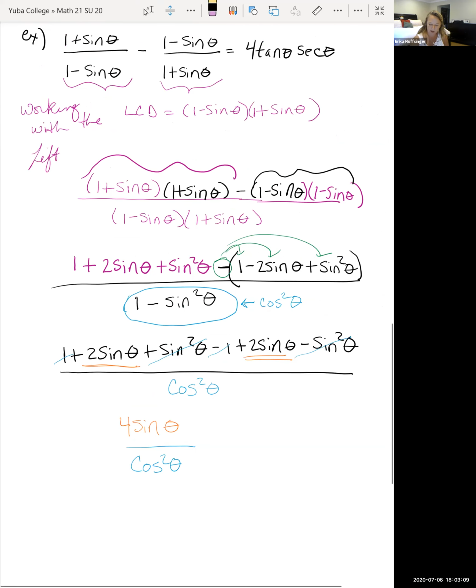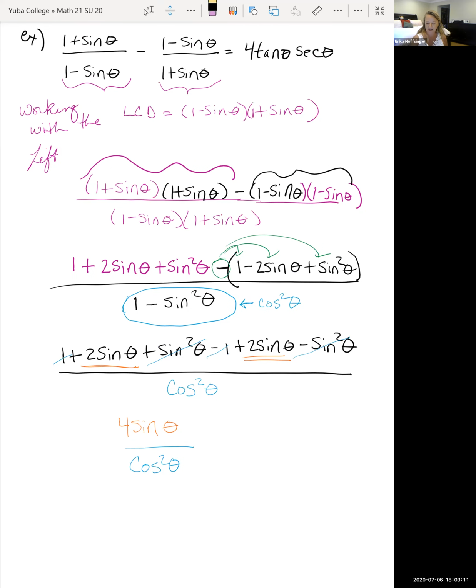And our whole goal is to get 4 tan theta secant theta. Let's break that down. Cosine squared theta is the same thing as cosine theta times cosine theta. And so we can break that up as a multiplication of 2 fractions, and then we can manipulate it to look like tangent and secant.